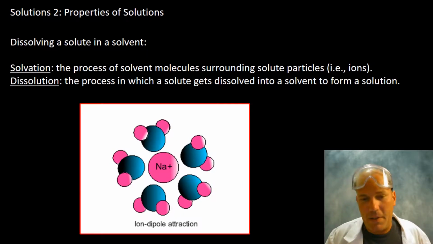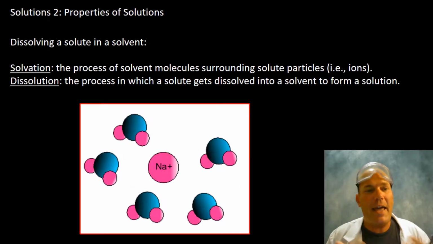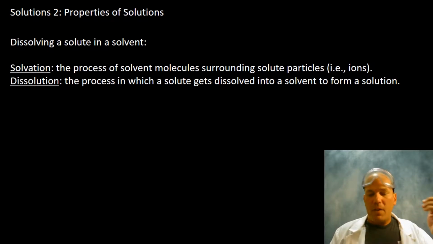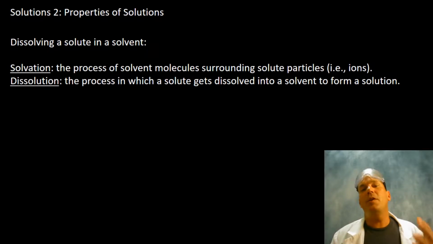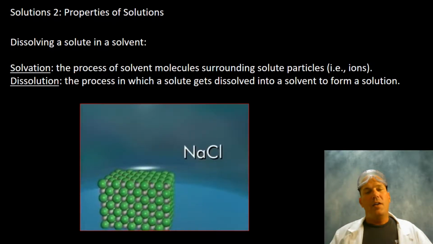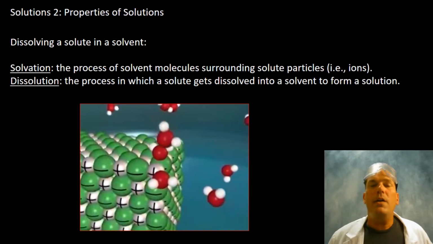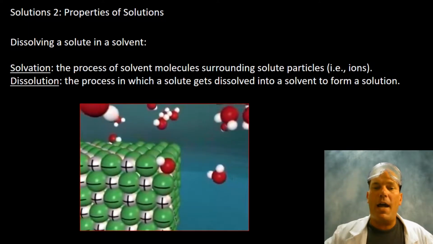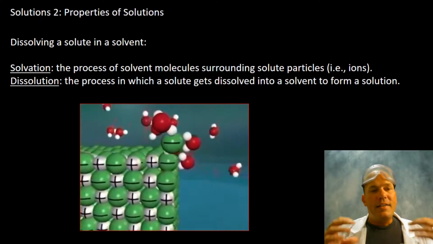In this example, this is a cation, whereas the dissolution is the process in which the solute gets dissolved in a solvent. So in this animation, you're going to see water and the crystal lattice structure of sodium chloride interact.